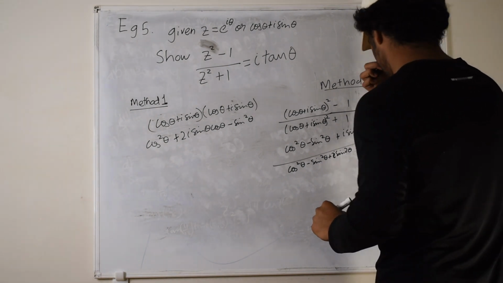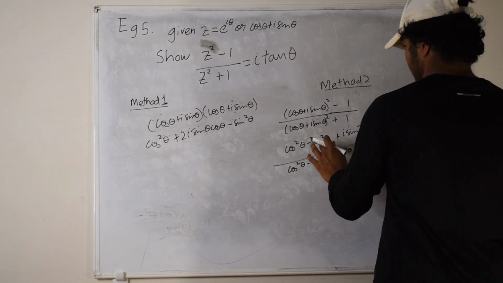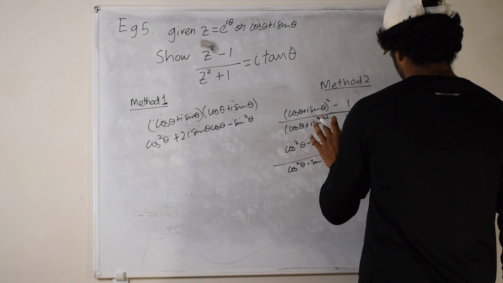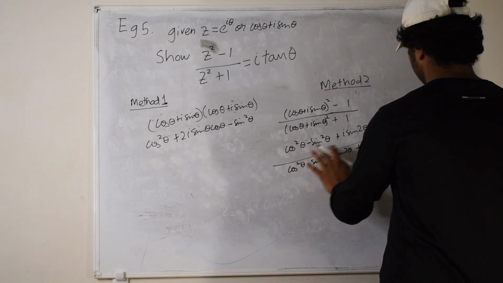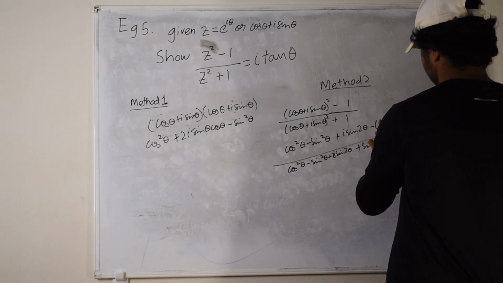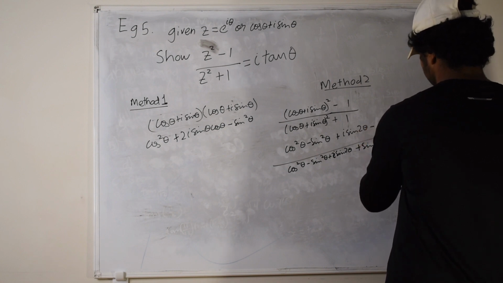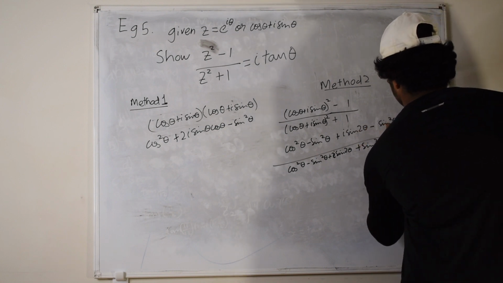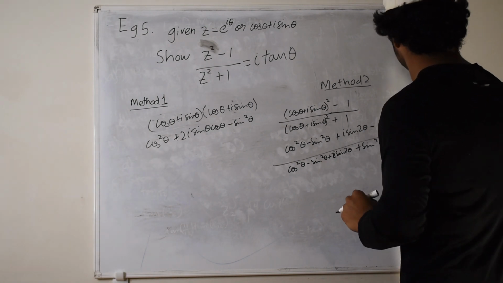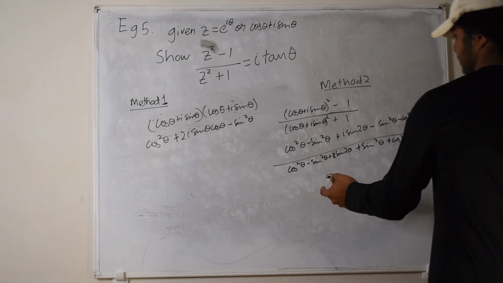Now we can further simplify the top. Get rid of the brackets to make it easier instead of rewriting it again.